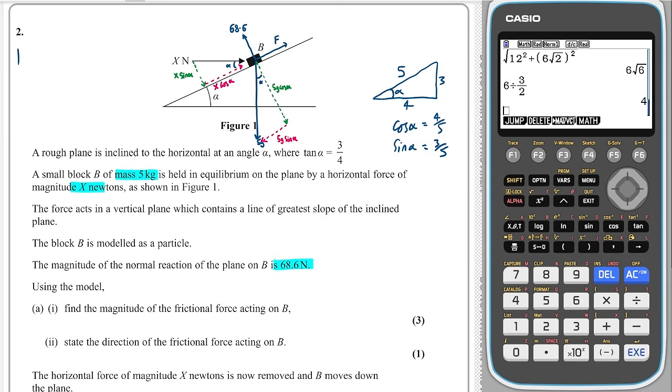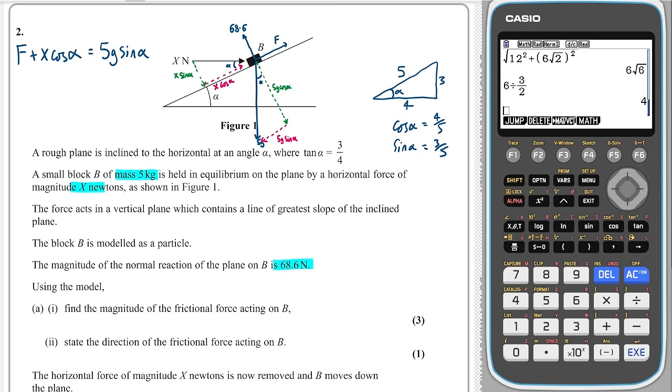I know that the frictional force is going up, and so is x cos alpha. What's going down is 5g sine alpha, so they must be balanced because it is in equilibrium. So that's equal to 5g sine alpha.